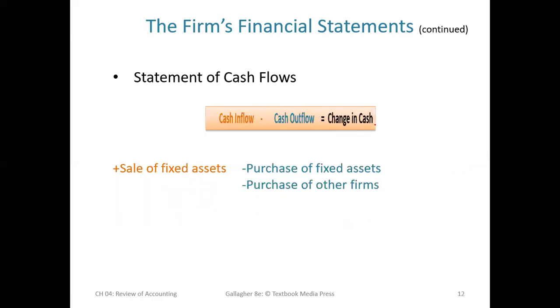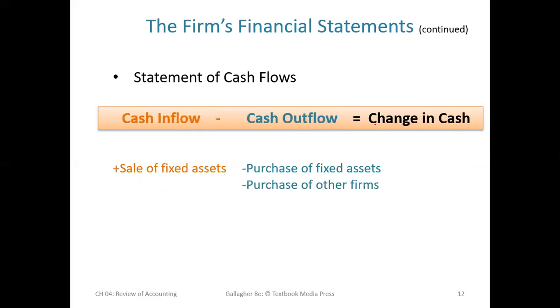And in the statement of cash flow you have that from operating, and this category is from investing. Investing mainly talks about fixed assets. The sale of fixed assets is cash inflow, and the purchase of fixed assets or other items is cash outflow.